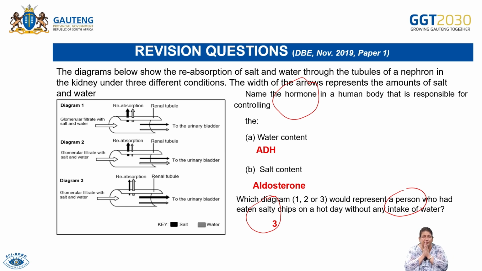So when he's eating something salty, more salt will be reabsorbed in the blood, and for salt we had an arrow. So the answer is going to be glomerular filtrate with salt and water, and you can see here more salt is absorbed. Now here there's less salt, and here also there's equal amounts of salt and water. So which diagram, 1, 2, or 3 would actually represent a person who's eating salty chips?